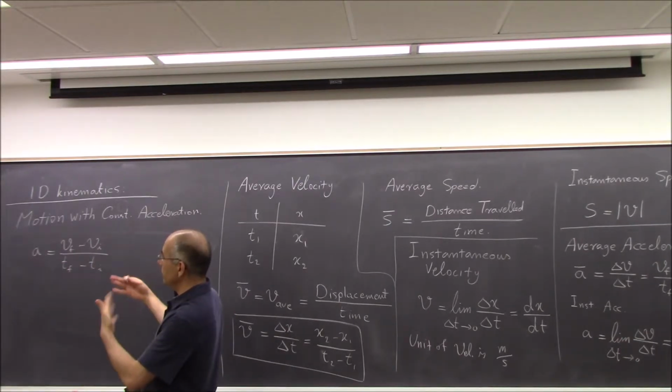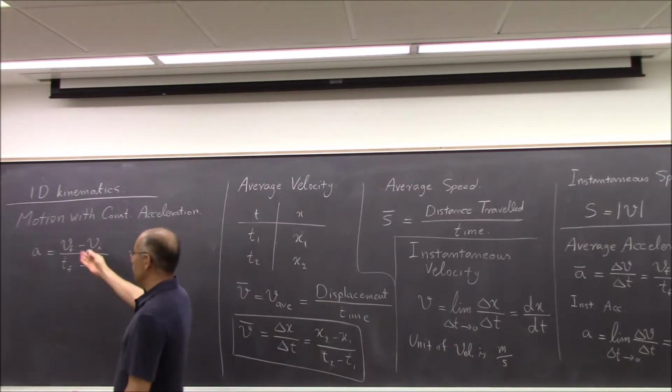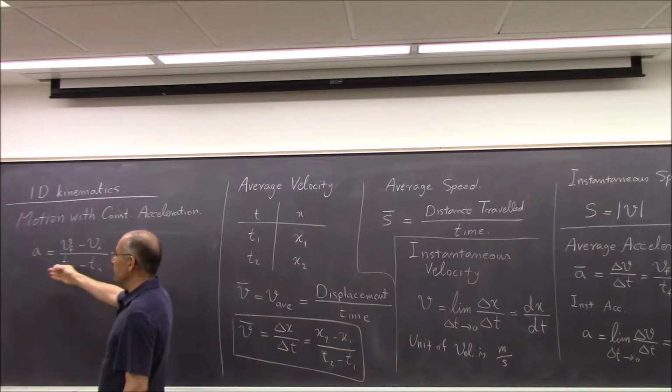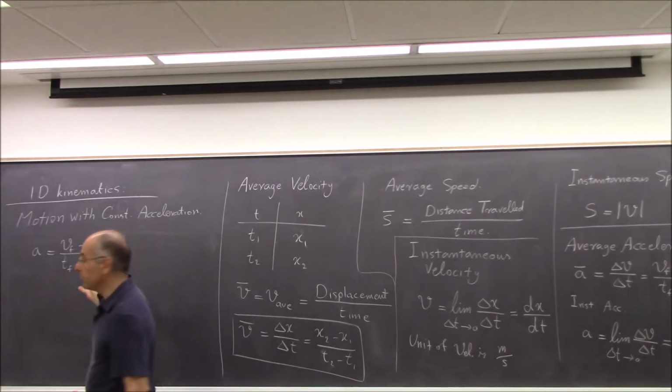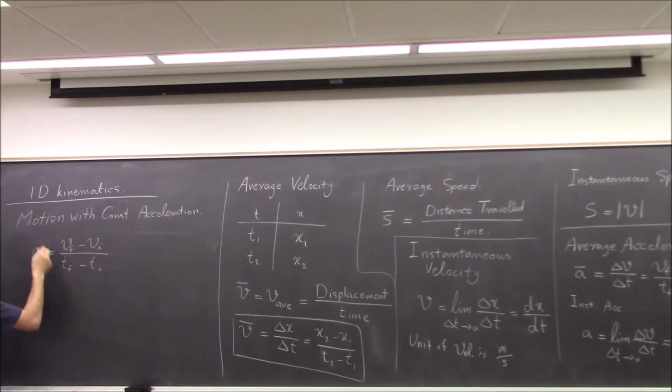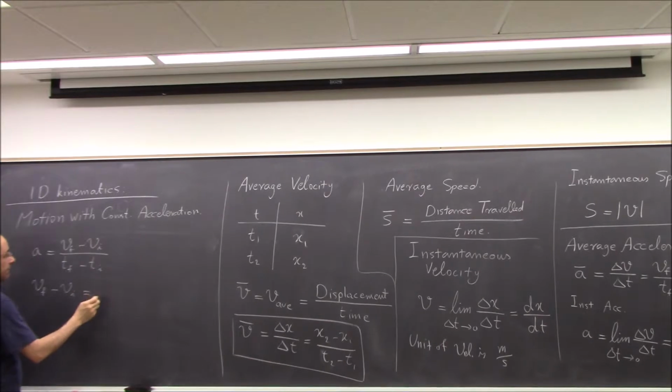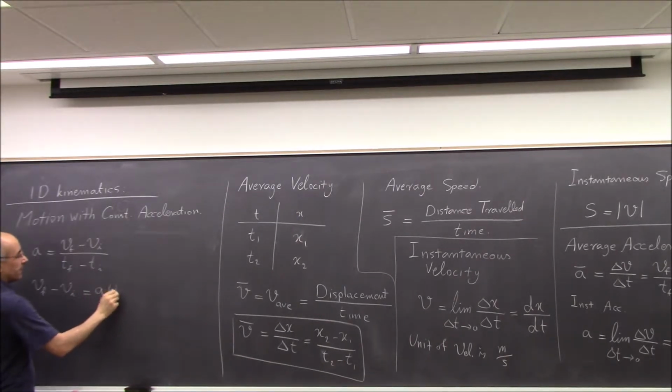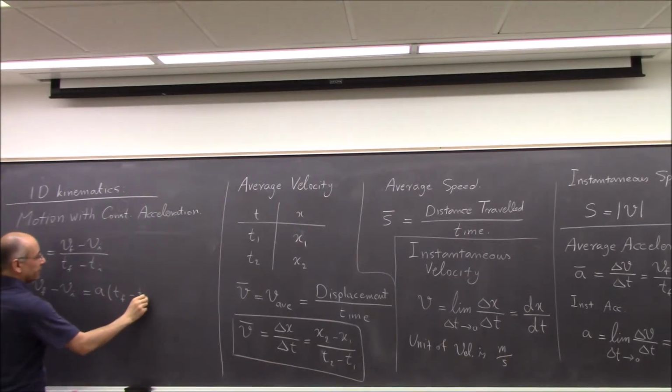Usually we change this equation to show it a different way, for example, writing final velocity in terms of acceleration and time. If we do that, we can cross multiply and get v final minus v initial equal to a times t final minus t initial.